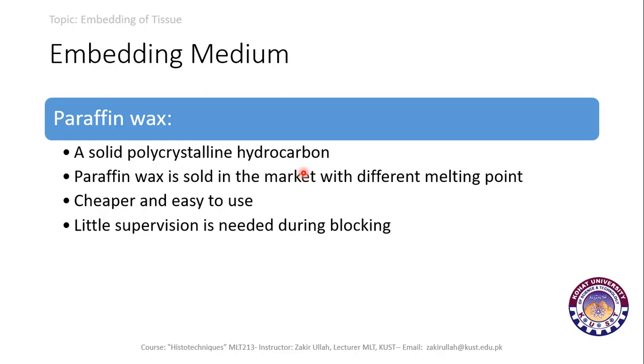So this is the variety within a simple paraffin wax. These paraffin waxes are cheaper, they are cost efficient, and they are very easy to use. And for working with paraffin wax, little supervision is needed during the blocking and block preparation of the tissues.